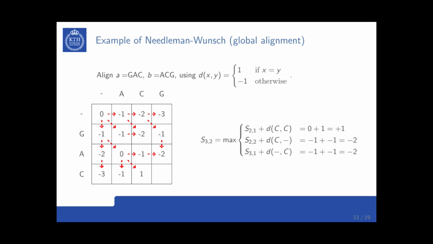This gives you the maximal element being +1 with a diagonal move. And S33, finally we reach the end of the matrix.